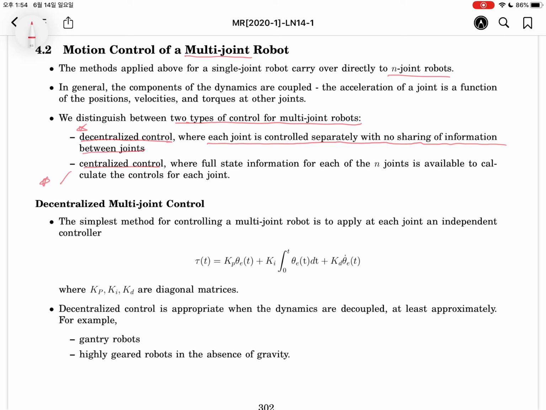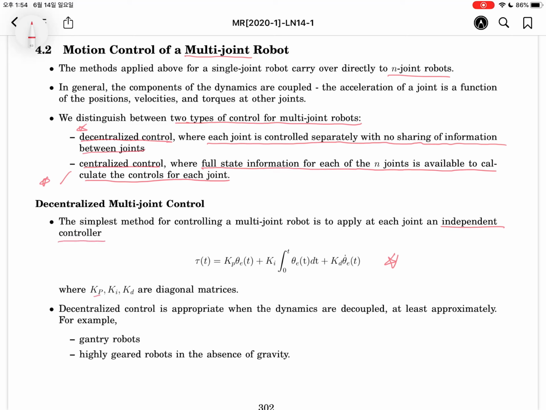On the other hand, in the case of centralized control, the full state information for each of the n joints is available to calculate the control for each joint. Okay, as you can see here, there is no sharing of information, so it is called independent joint control. Is it right?